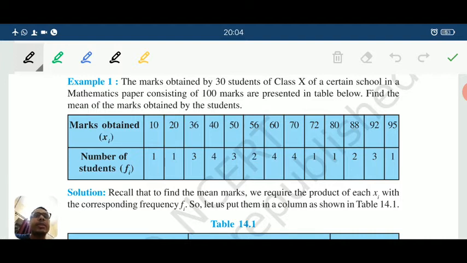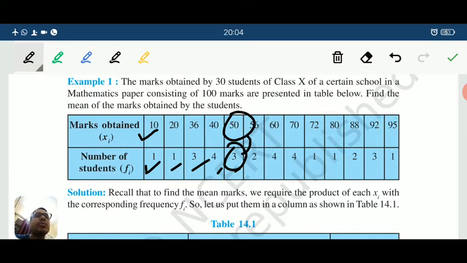Suppose 10 marks is obtained by only one student, 20 by 1, 36 by 3, 40 by 4, 50 by 3, meaning 3 students got 50 marks, 2 students got 56, 4 got 60, 4 got 70, 1 got 72, 1 got 80, 2 got 88, 3 students got 92, and last, 1 student scored 95 marks.